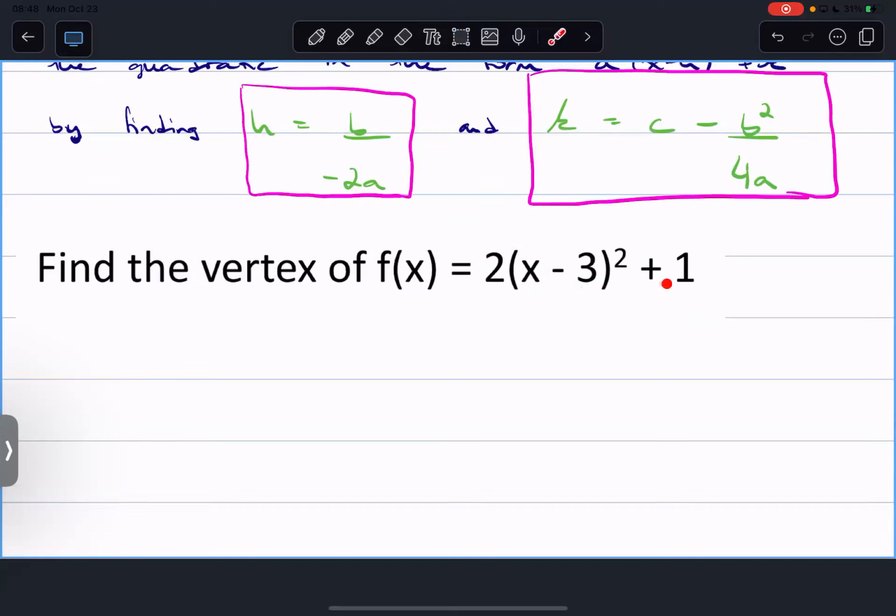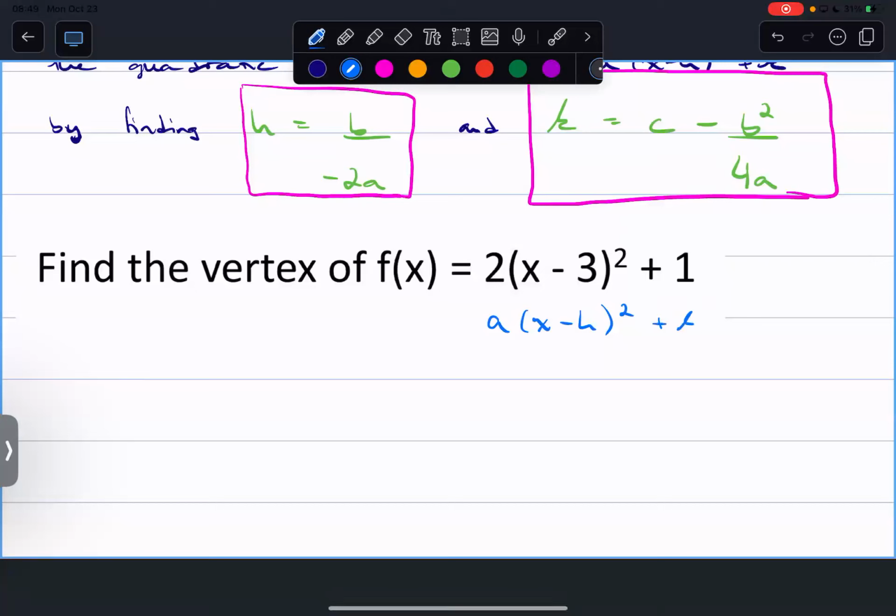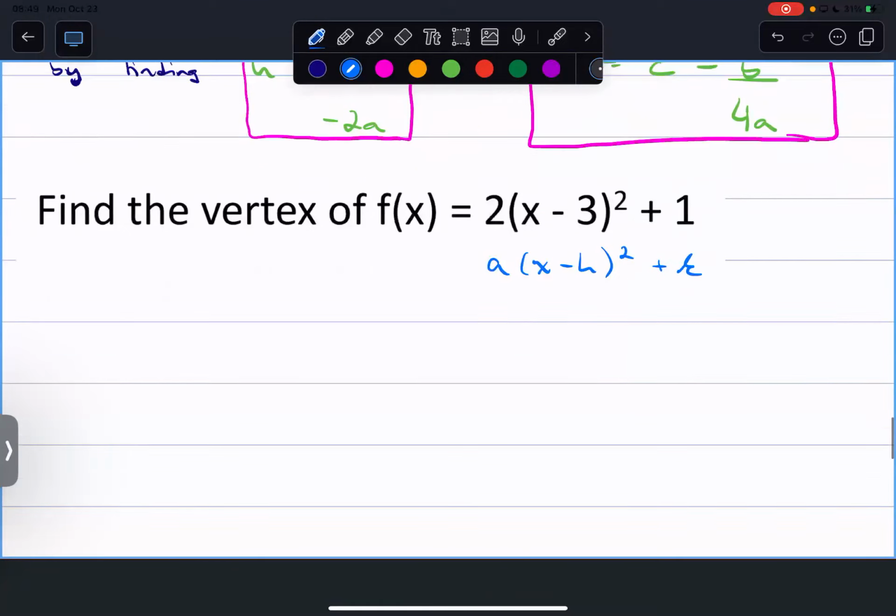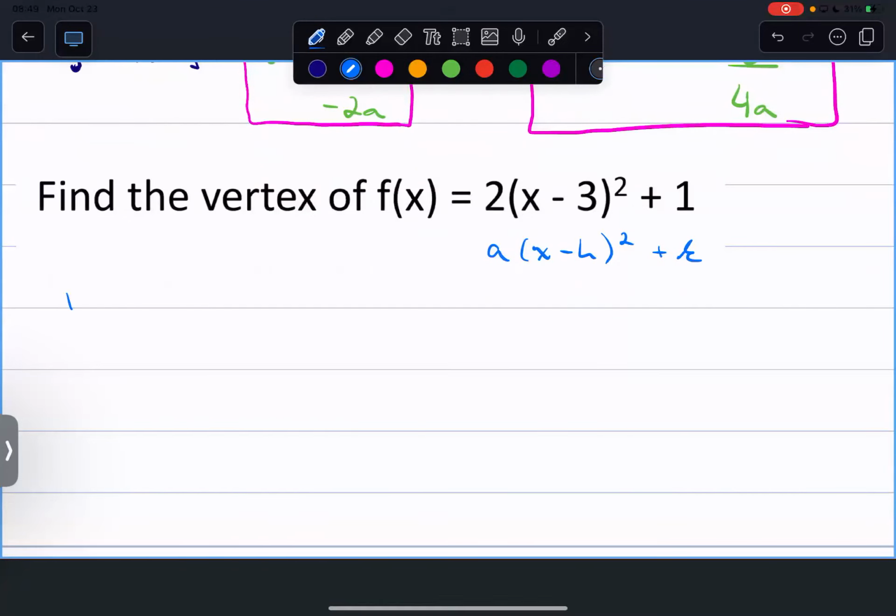Why do I call this nice and slow? Because it's already in that transformation form, right? And so here, this is already in the form a times x minus h squared plus k. Now, if we have it in this form, the vertex is at h, k.